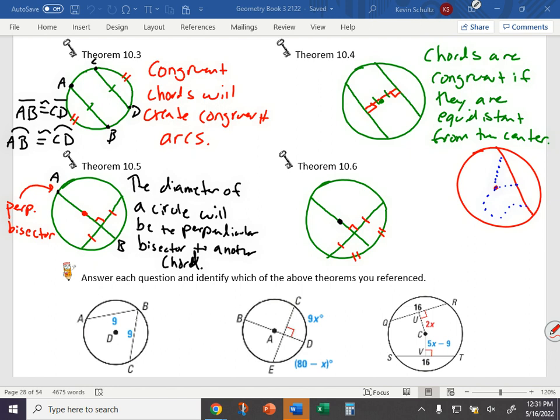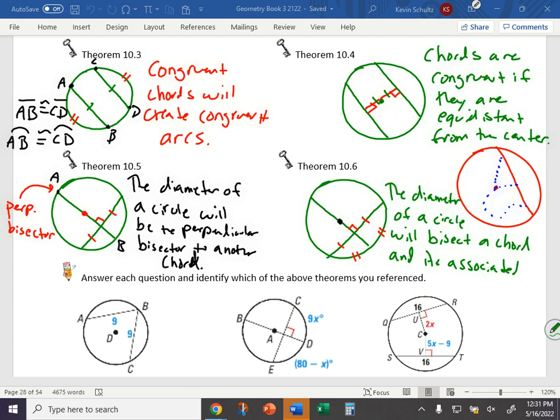Who knew there'd be so much fun stuff with chords, right? So in words, Theorem 10.6, you can say that the diameter of a circle will bisect a chord and its associated arc.